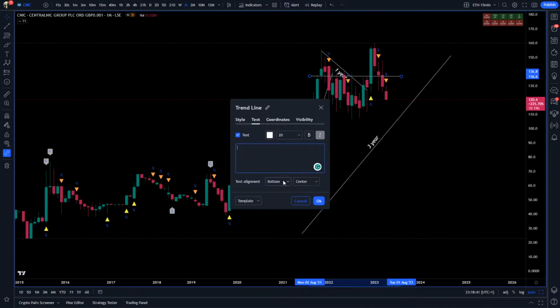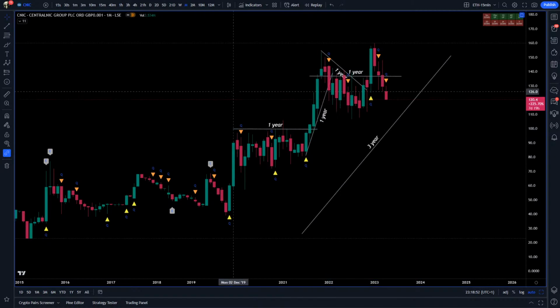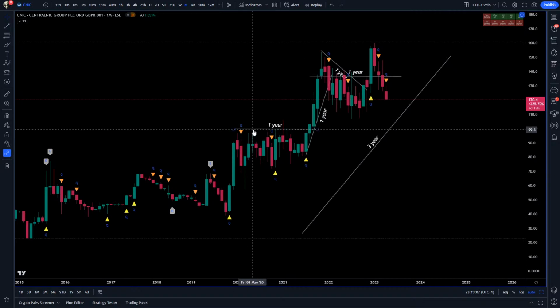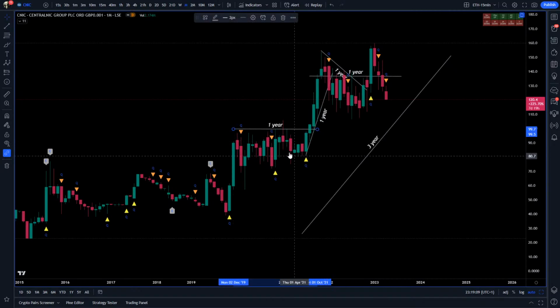That breakout was the breakout of the yearly market. So in other words, this indicator can show us that the quarterly is breaking out, and that breakout can signify a breakout of this correction of the yearly market.